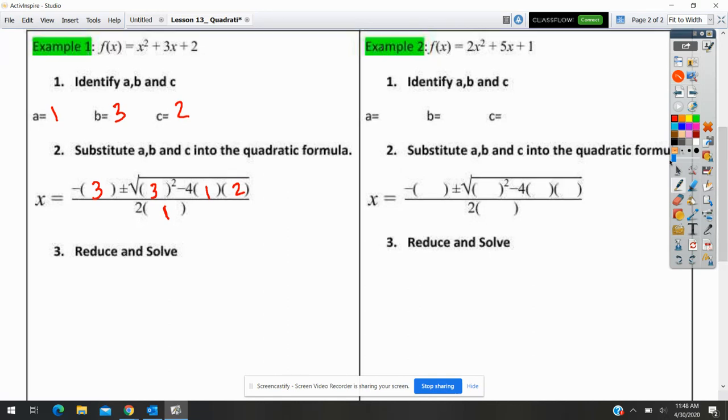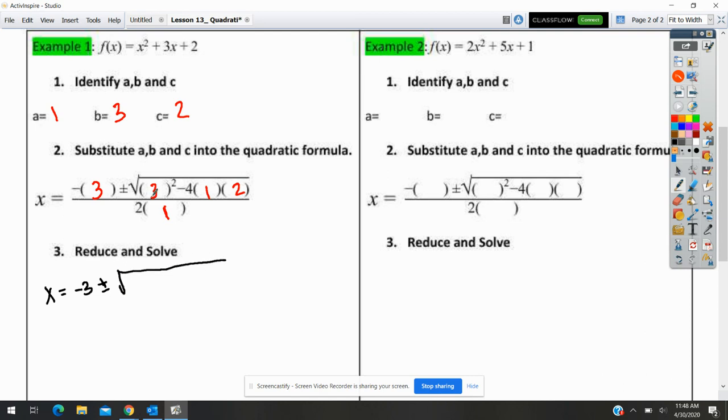What you want to do first is reduce and simplify what's under the square root sign, or the radical sign. So this becomes -3 plus or minus. Remember, you get 2 answers when you take the square root, so that's why we have this plus or minus.